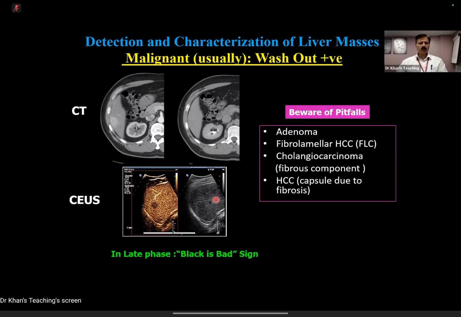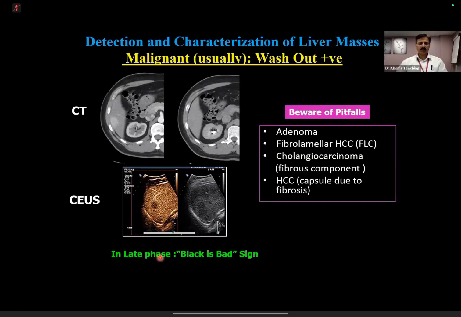If you do contrast ultrasound, I am not going to teach you contrast ultrasound. We do a lot of contrast ultrasound in our center. And in contrast ultrasound, this is what they teach you. This is a phase of liver where I am pointing out this, the liver enhances for about 5 minutes or so, 4 to 5 minutes. And they say that if something becomes blacker as compared to the enhancing parenchyma, then it is a bad sign.